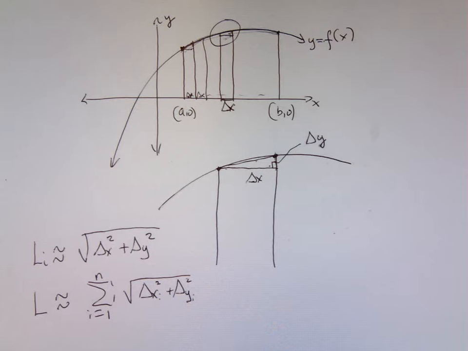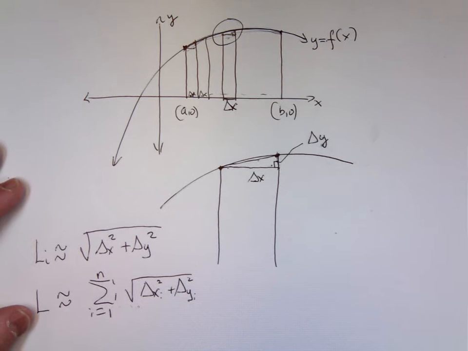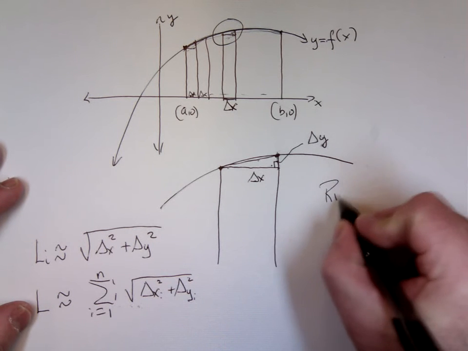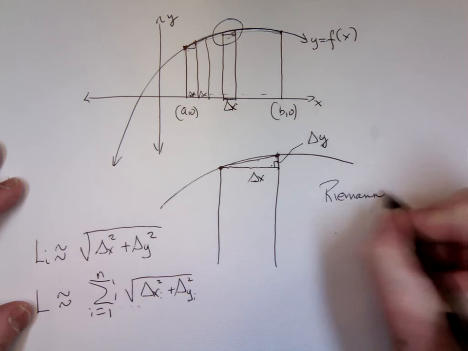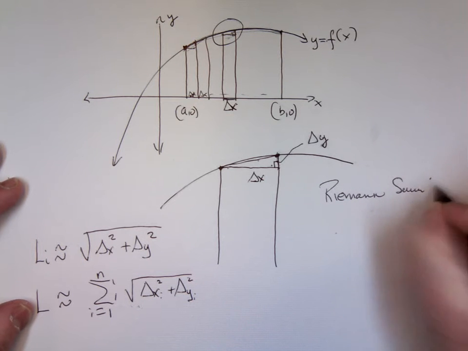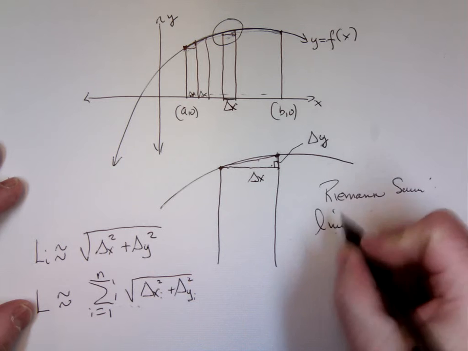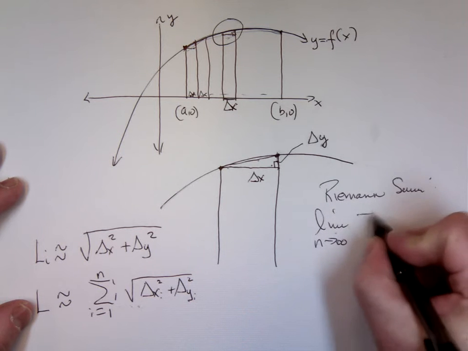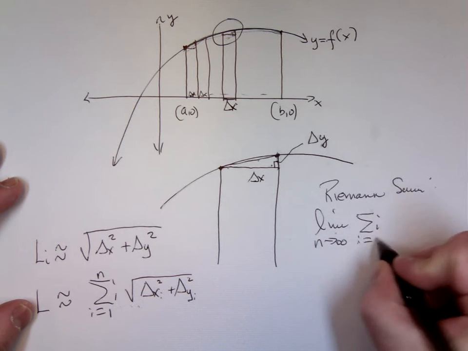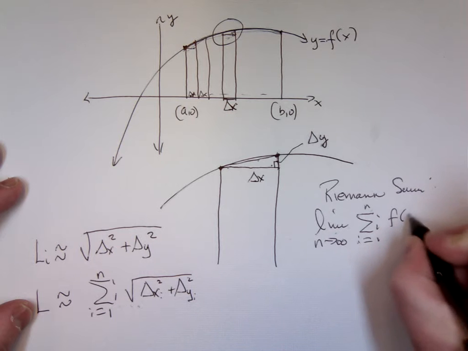Now here's the problem. This is not the right form. To get the right form, I need a Riemann sum that looks like this: the limit as n goes to infinity of the sum of some function of x times a delta x.